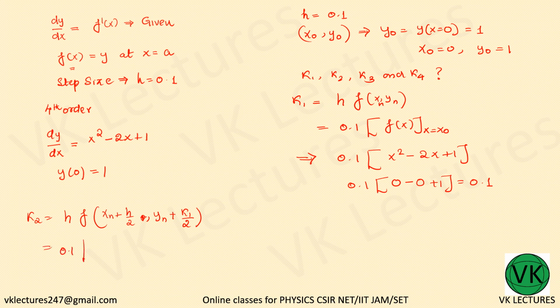So xn is 0, plus h by 2, that is 0.1 divided by 2, comma, yn is 1 plus k1 by 2, that is 0.1 by 2.